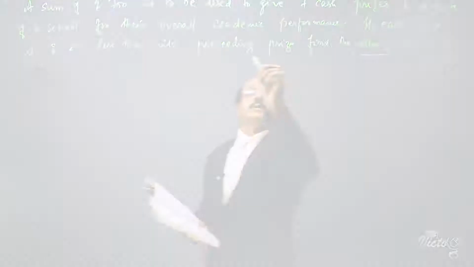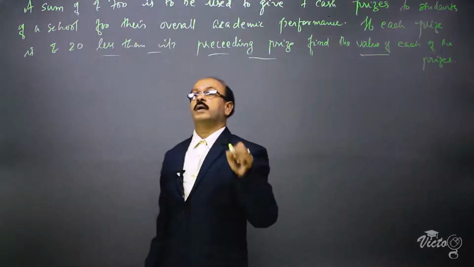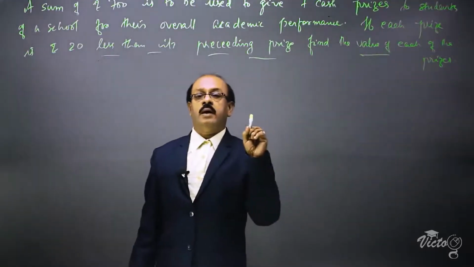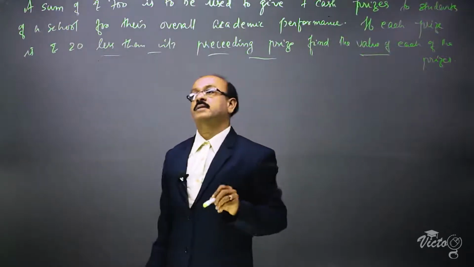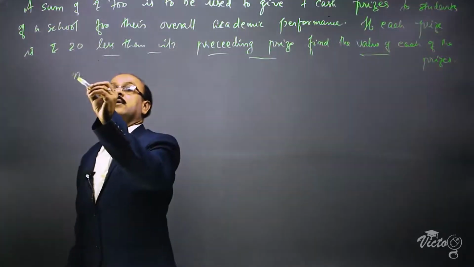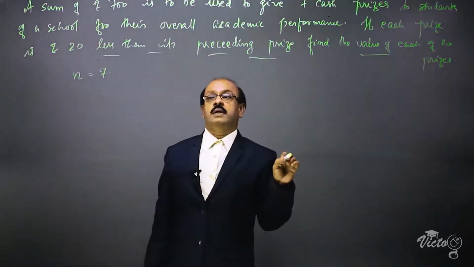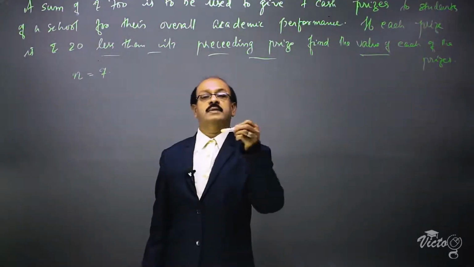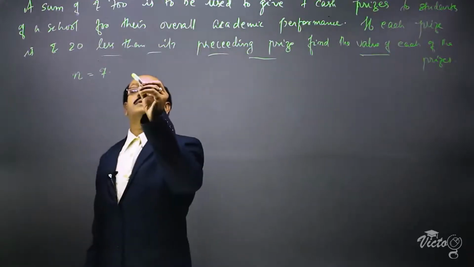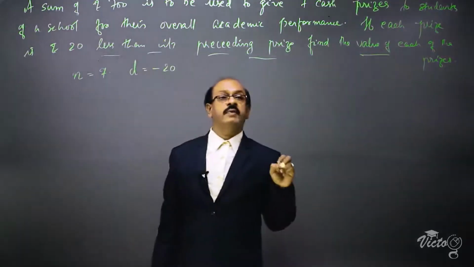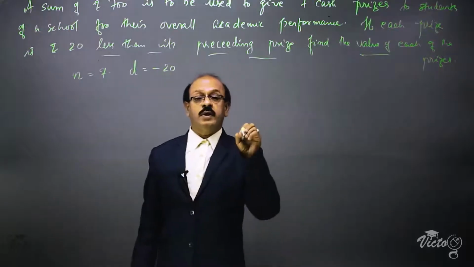This is the question. Here also we have to find out the value of each prize. They have given in the question that there are 7 prizes, means n is equal to 7. Each prize is rupees 20 less than the preceding, means common difference d is equal to minus 20, because it is given that each prize is 20 less.